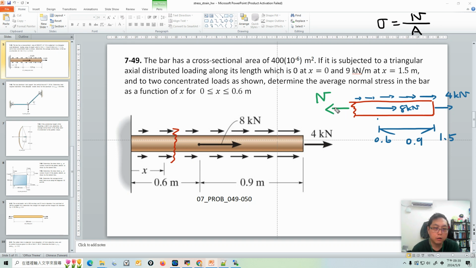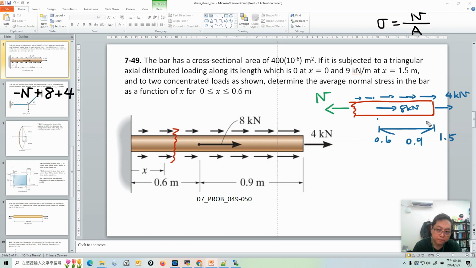If the normal force points to the left, we have minus N. We have the 8 kilonewton pointing to the right, using kilonewton as the unit, and the 4 kilonewton also pointing to the right. Is that it?